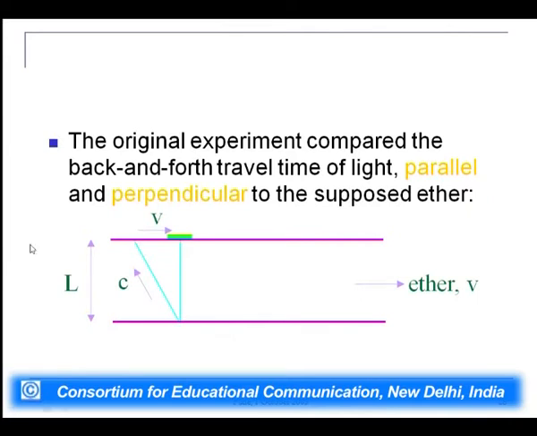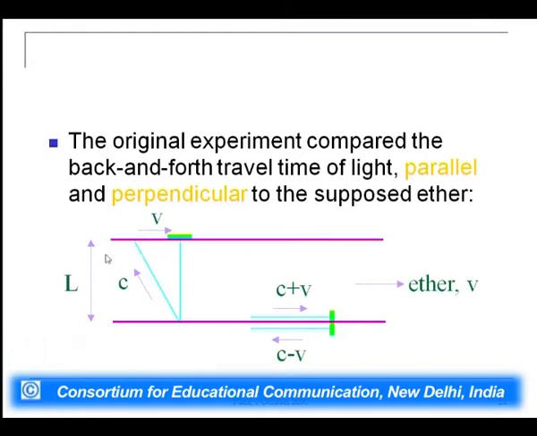This is the original experiment. The original experiment compared the back and forth travel time of the light parallel and perpendicular to the supposed ether. Here we just define an experiment, and by using this I show how this is working.